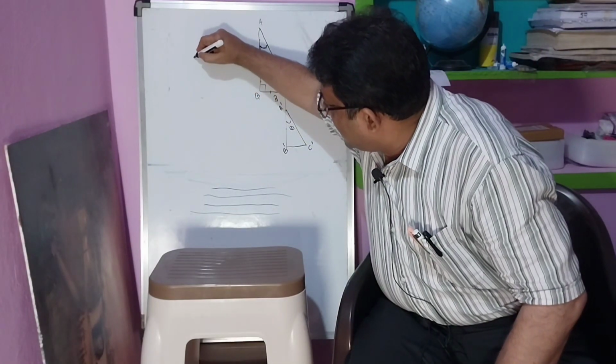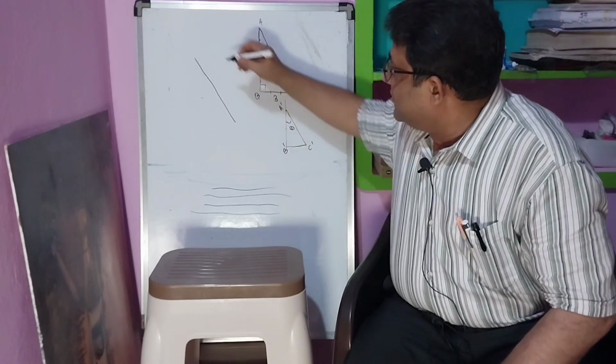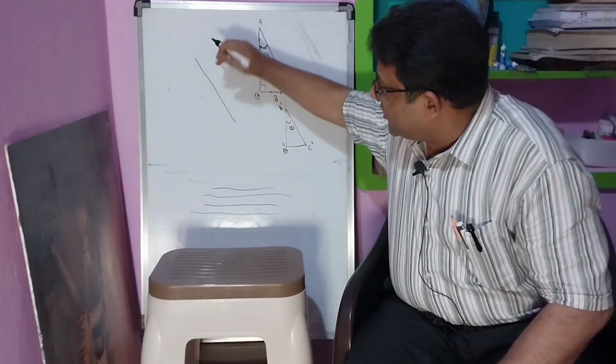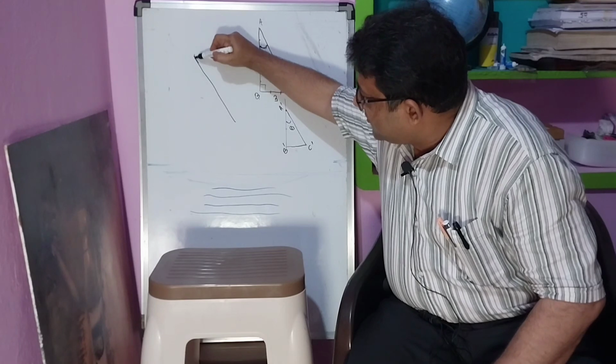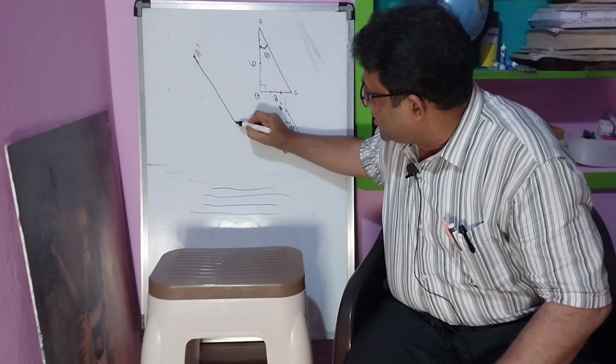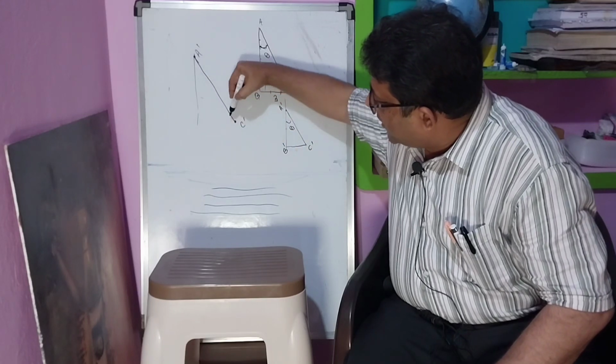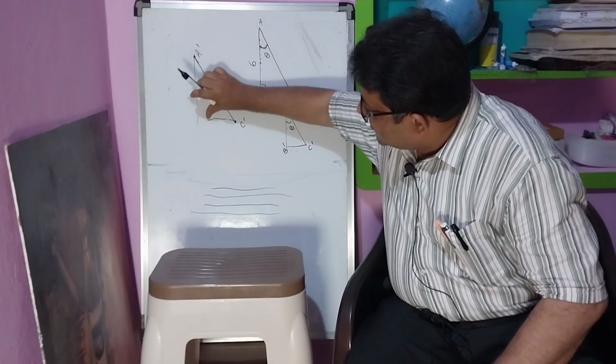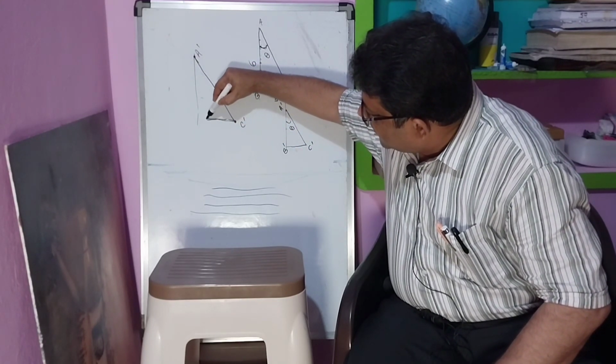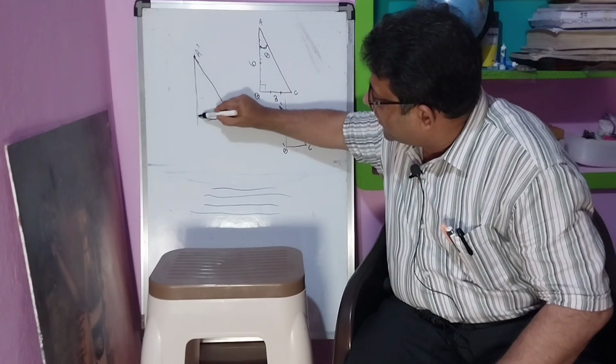Somebody may guess the angle first, then find the proportions. Let us say this is his A dash, this is his C dash. From here he dropped a perpendicular, a horizontal, and a vertical.